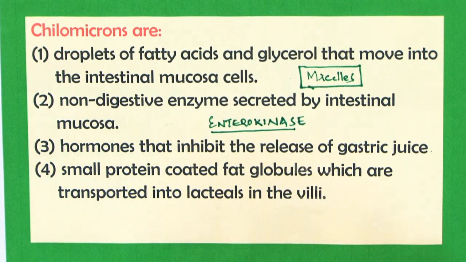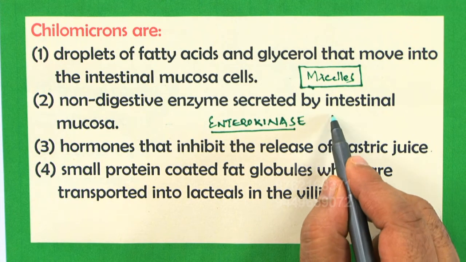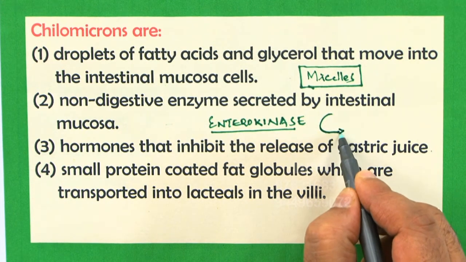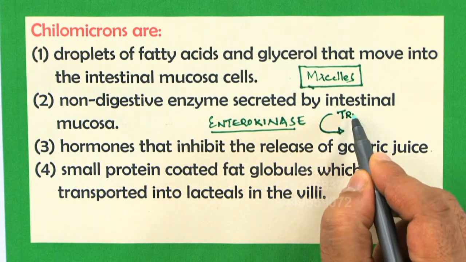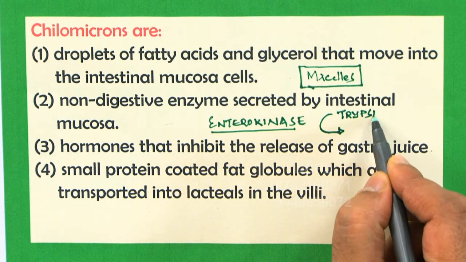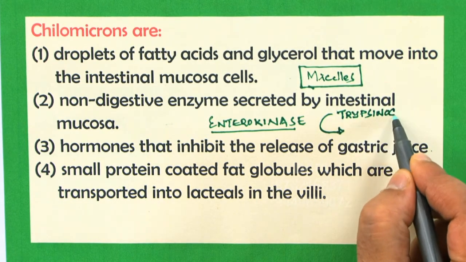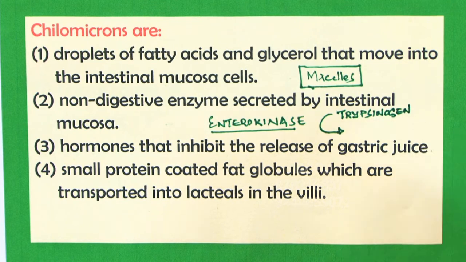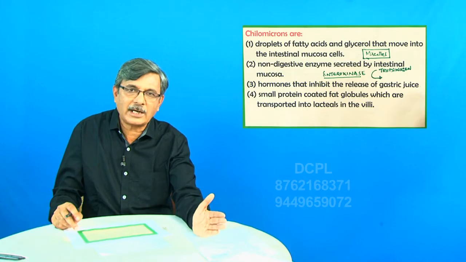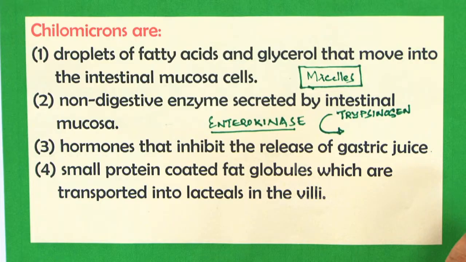I hope all of you know enterokinase is going to help in activation of trypsinogen into trypsin. Trypsinogen is an inactive protein digesting enzyme present in pancreatic juice, and this is activated in the duodenum or small intestine.